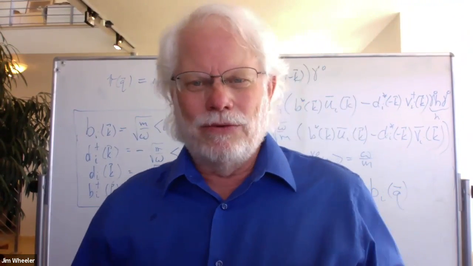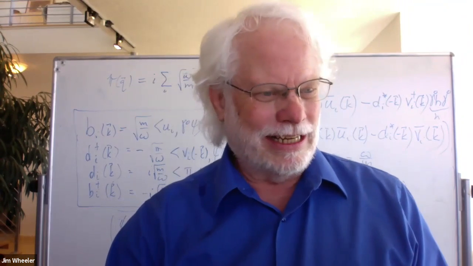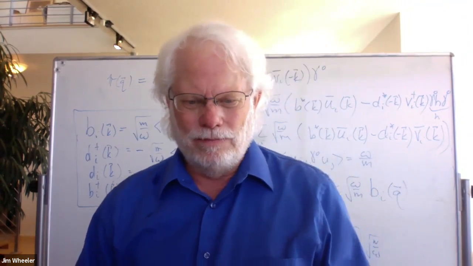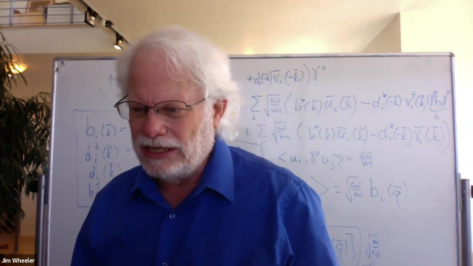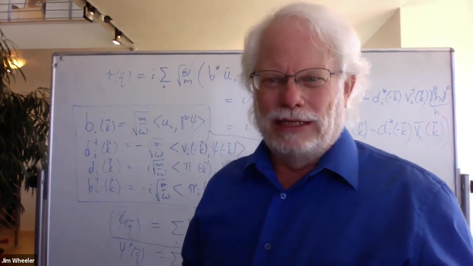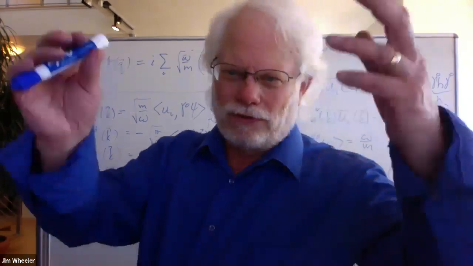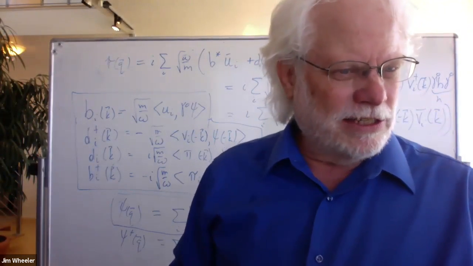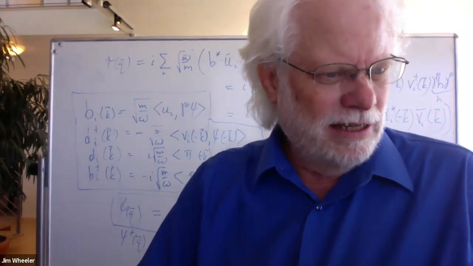So now we can pretty much put hats on everything and work out the commutation relations. Canonical quantization. We're doing the same thing we did for the simple harmonic oscillator here, only it's fields and they're long.